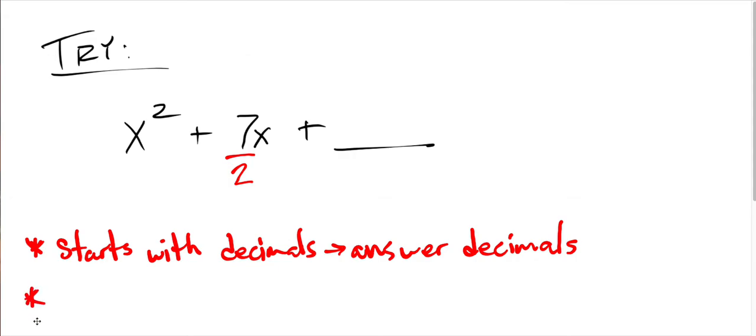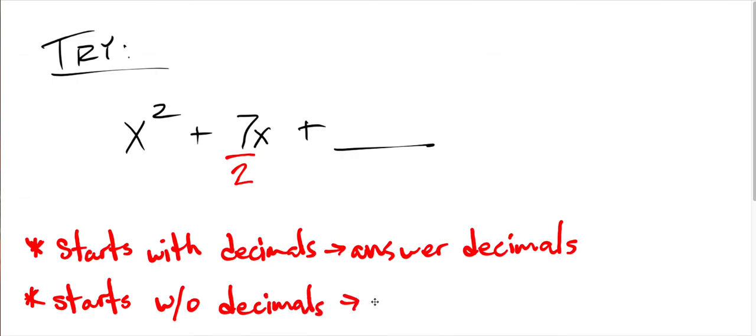If a problem does not start with a decimal, then the answer should not have a decimal. So that generally will mean fractions on your part. Starts without decimals. This will matter quite a bit on the sheet of homework questions, because there are some on there with decimals, there are some without.